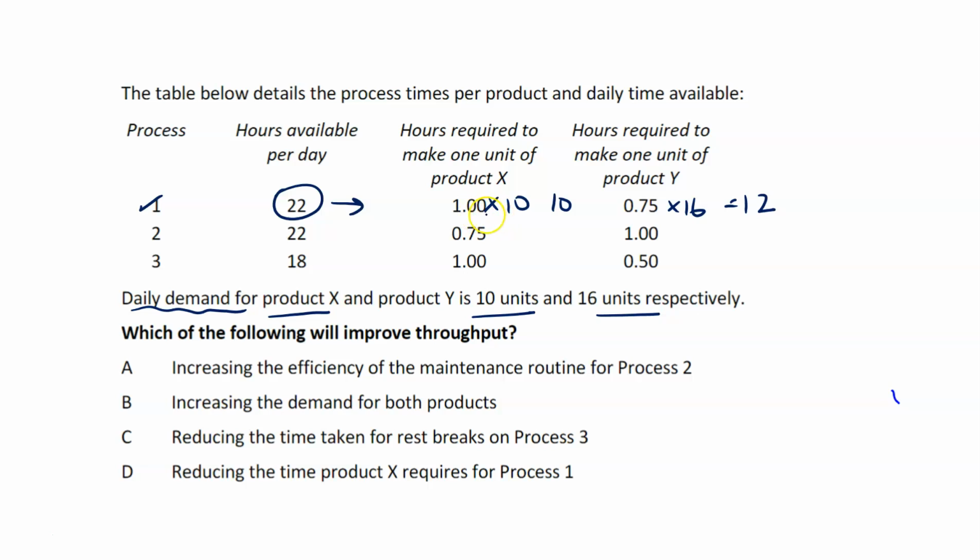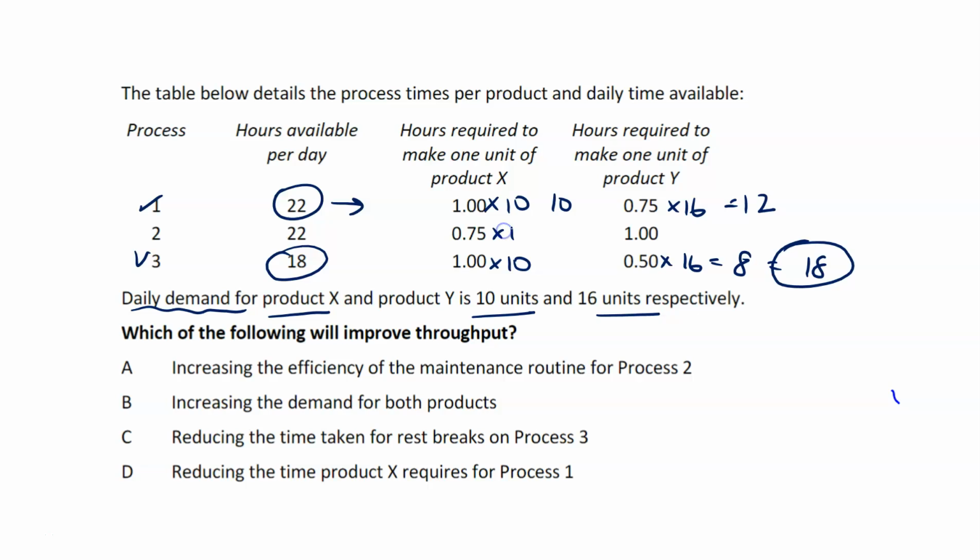There is no bottleneck, if you like, given the demand that you have. Let's look at process 3 as well. Here again you have 10, and here 0.5 times 16 is equal to 8. So here again you need 18 hours, and you have 18 hours. So for 1 and 3 there's enough time. 1 and 3 are not your problem.